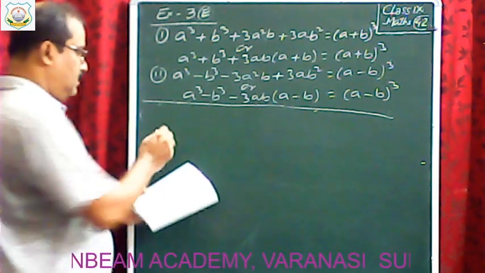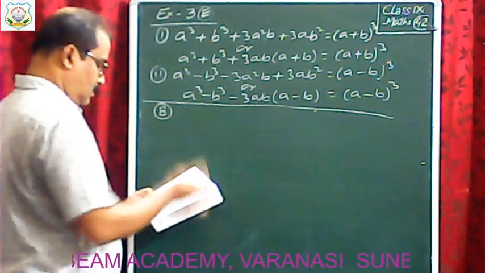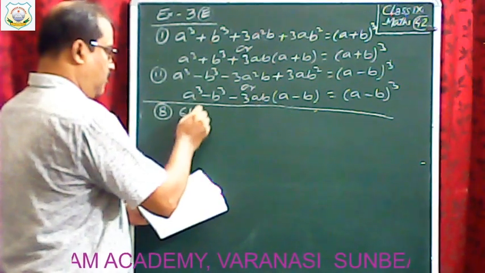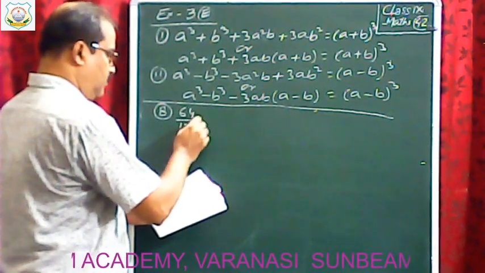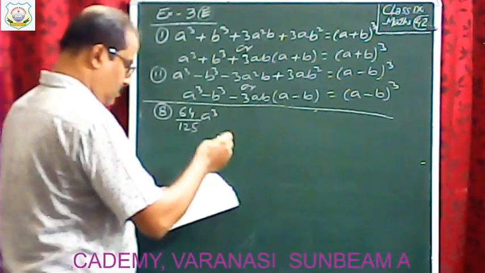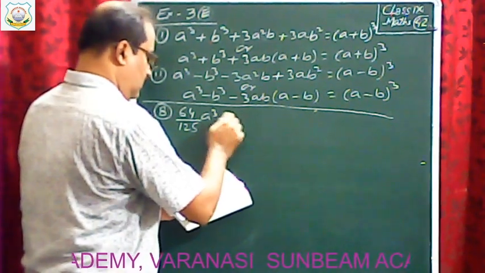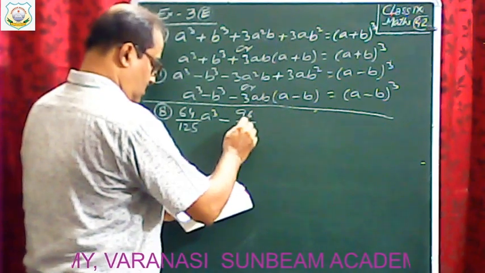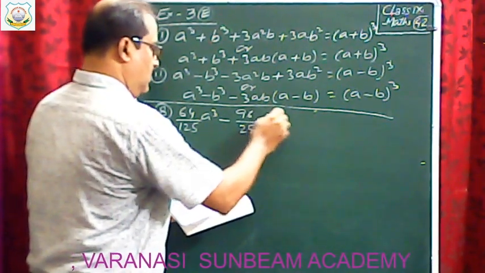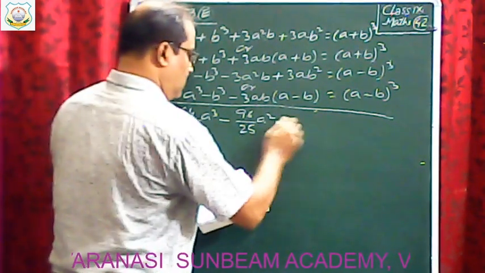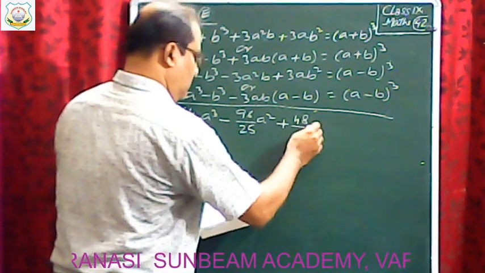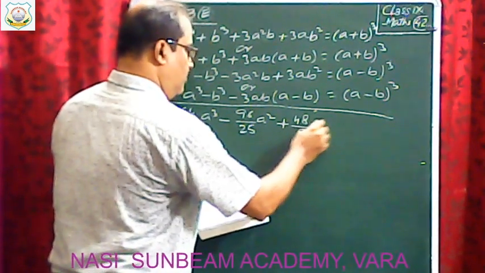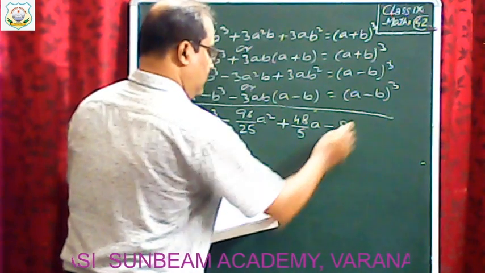Question number 8. 64 upon 125 a cube minus 96 upon 25 a square plus 48 upon 5a minus 8.